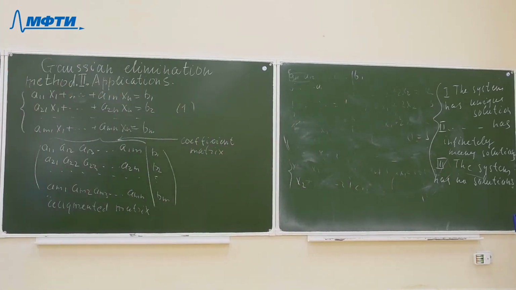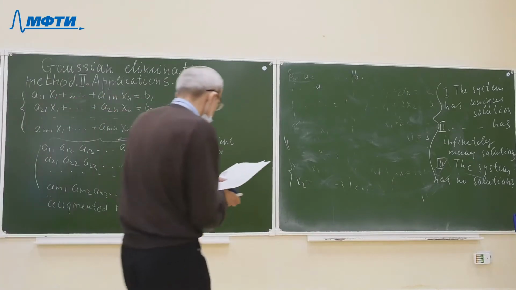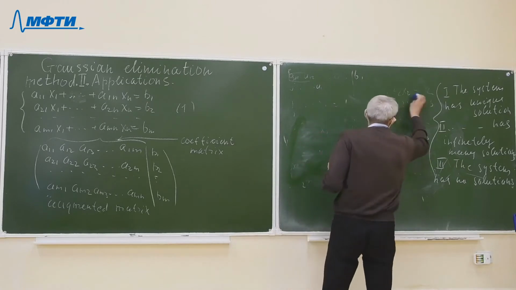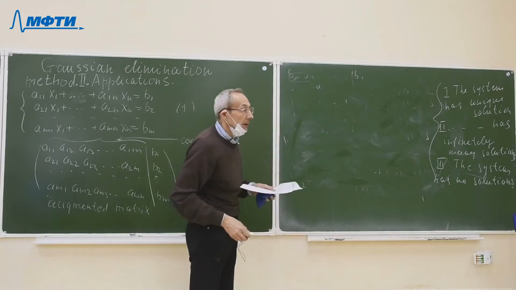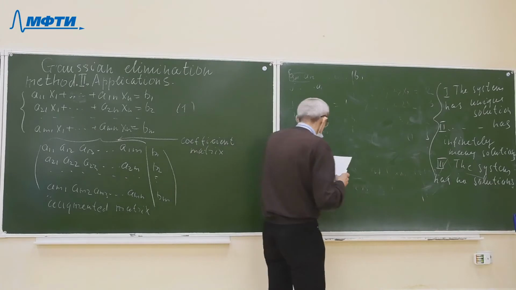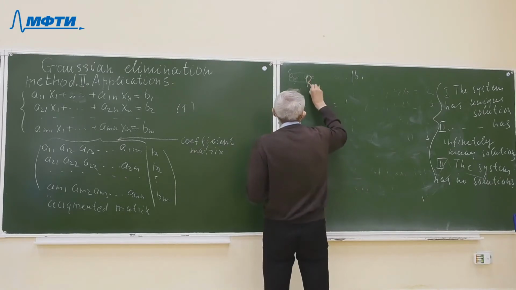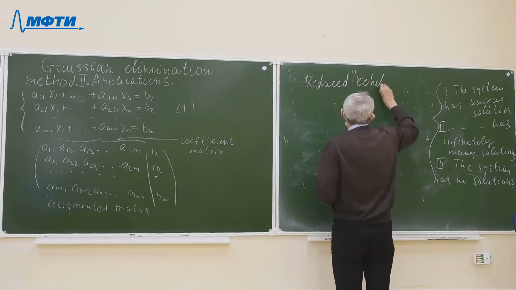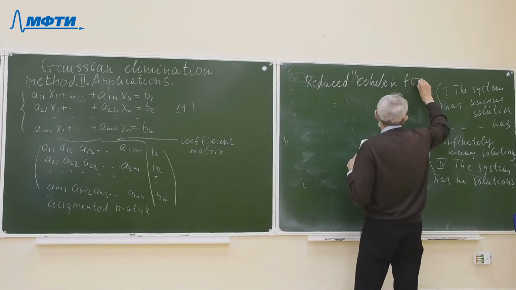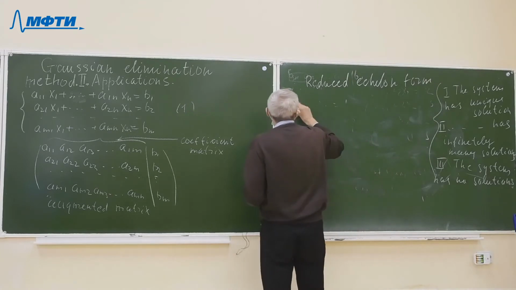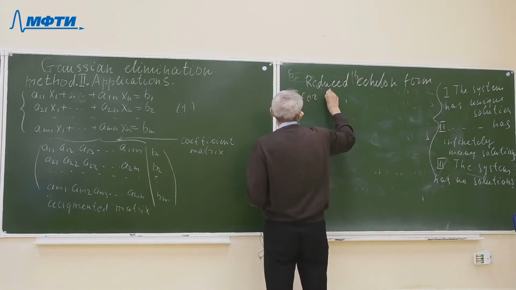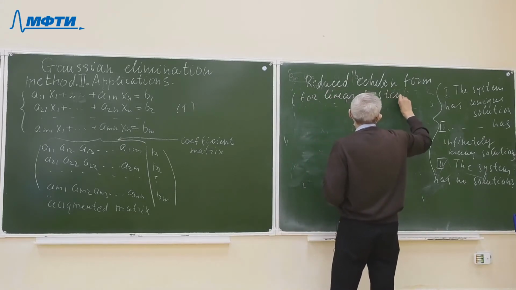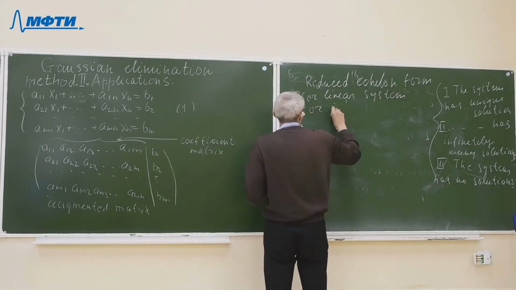The main idea is the following: the basic construction, the so-called reduced echelon form for a linear system or matrix.